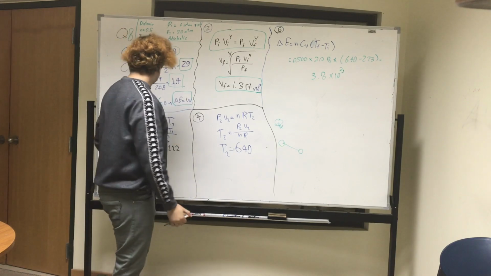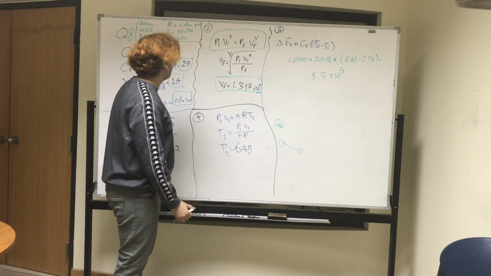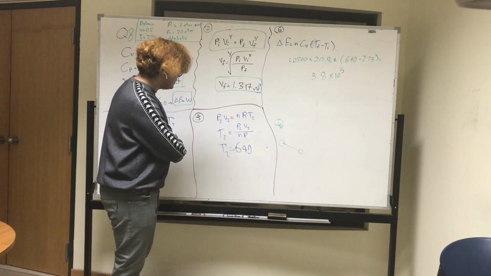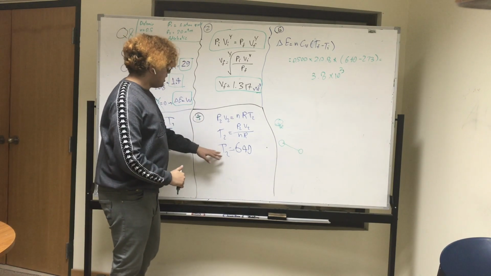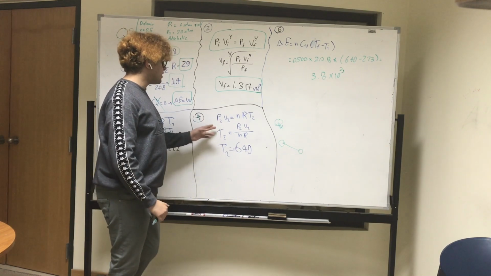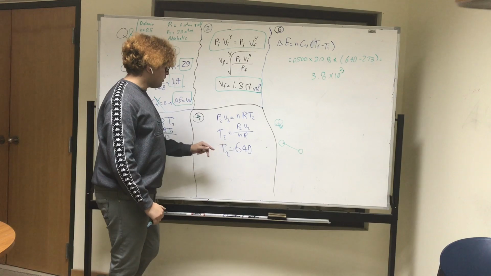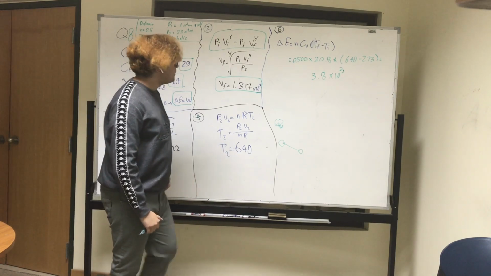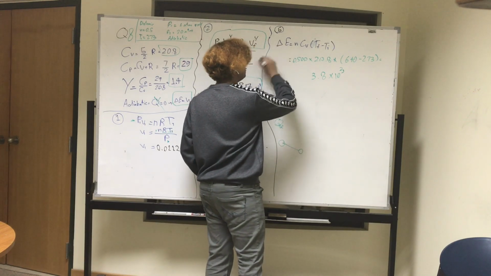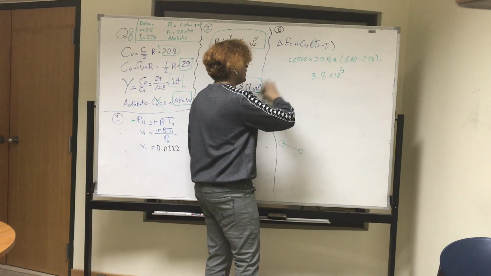So the third step is to calculate the final temperature. We again use the ideal gas equations, and we solve for T final, and we're getting 640. Once we do that, we could use the equation for change in internal energy for any gas.